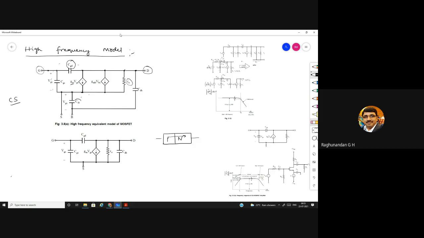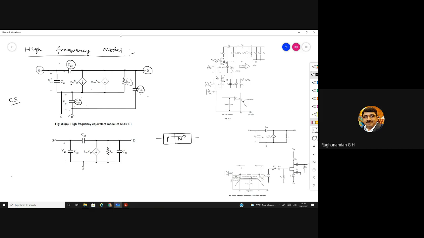One is the diffusion capacitance with respect to the source, and the other is the diffusion capacitance with respect to the drain. Since the drain and the substrate make a junction, as I wrote in the diagram at the beginning of the class, we need to consider two extra junction capacitances.